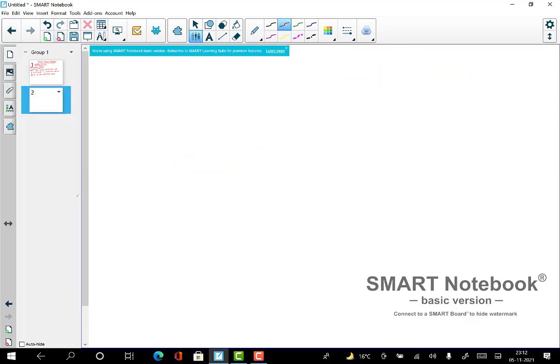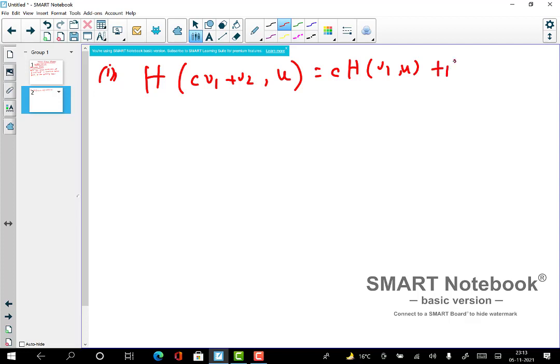Condition number one is linearity in the first argument. That means h of c times v1 plus v2, comma u, equals c times h of v1, u plus h of v2, comma u.